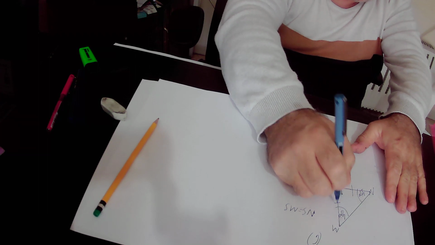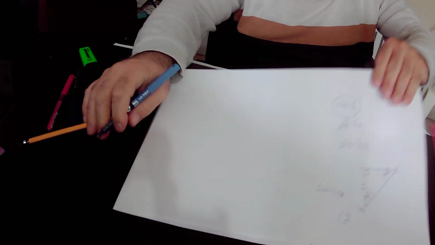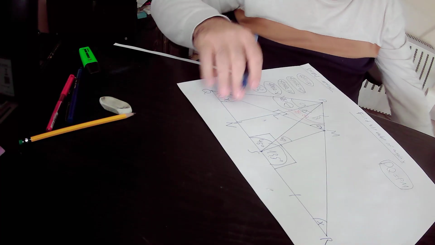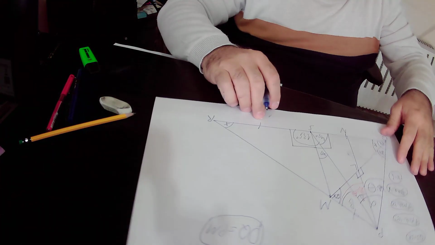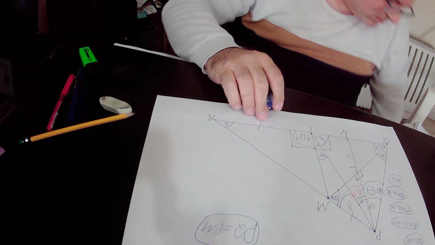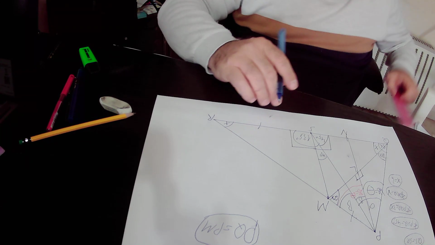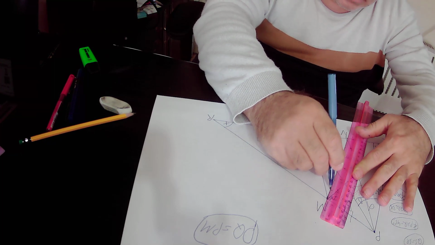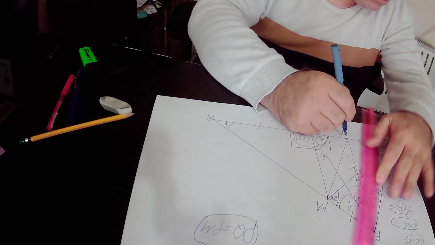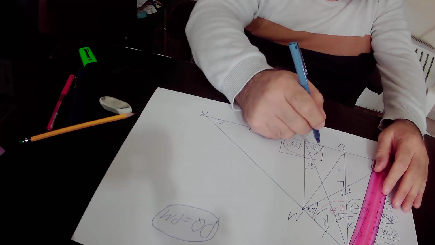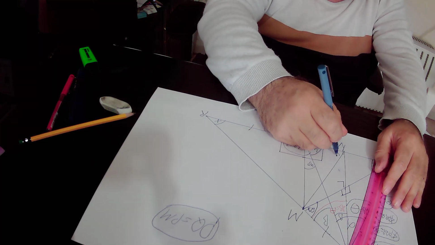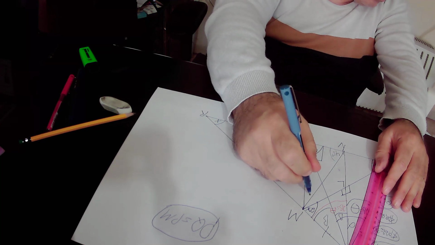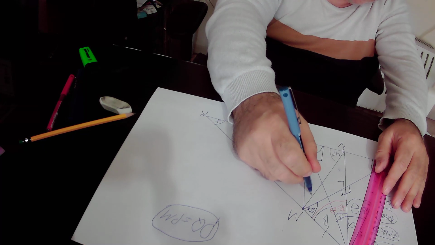Okay? So now we will join points N and M together by a straight line. We found that angle MNS equals 45 degrees, and also angle SMN equals 45 degrees.